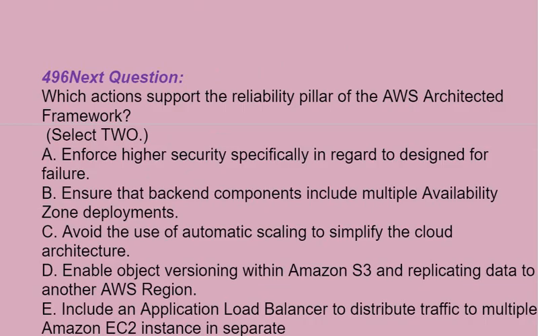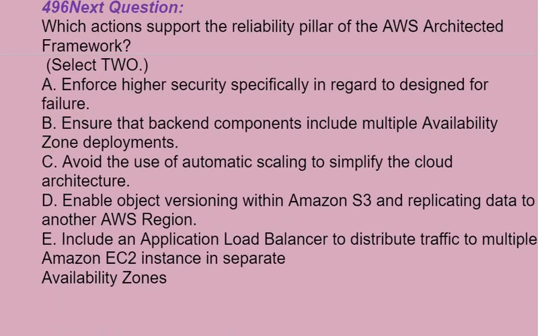Question is, which actions support the reliability pillar of the AWS Well-Architected Framework? Select two options. Option A, enforce higher security specifically in regard to designed for failure. Option B, ensure that backend components include multiple availability zone deployments. Option C, avoid the use of automatic scaling to simplify the cloud architecture.